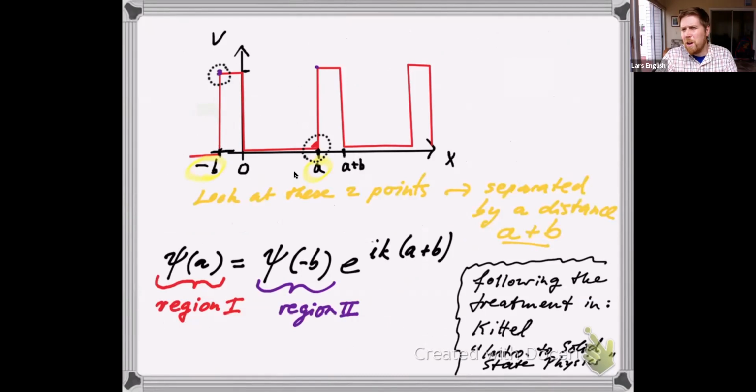Maybe there was a question that came up on that. We've stitched together the 2 types of solutions here at the origin. Now you might have anticipated that we do the same thing here: we have the exponential solution at x equals a, and the sinusoidal solution also at x equals a, and we splice them together, and that would give me 2 more equations.